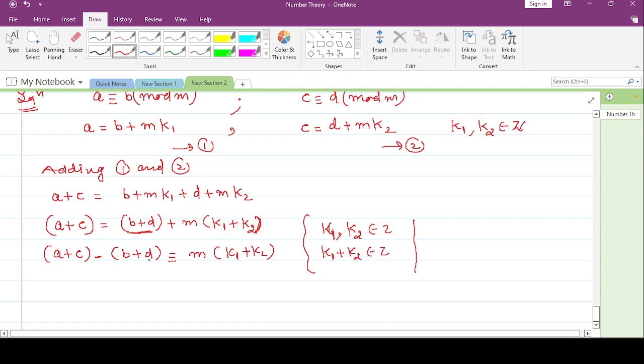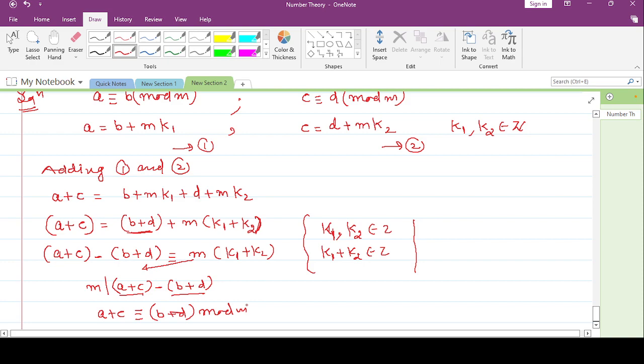So from this we can say that m divides a plus c minus b plus d. If m divides this, we can say that a plus c is congruent to b plus d under modulo m. So this gives me the first part.